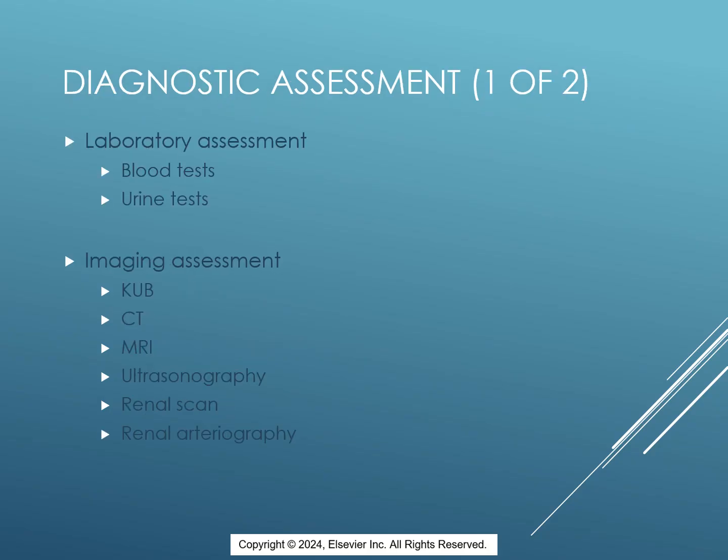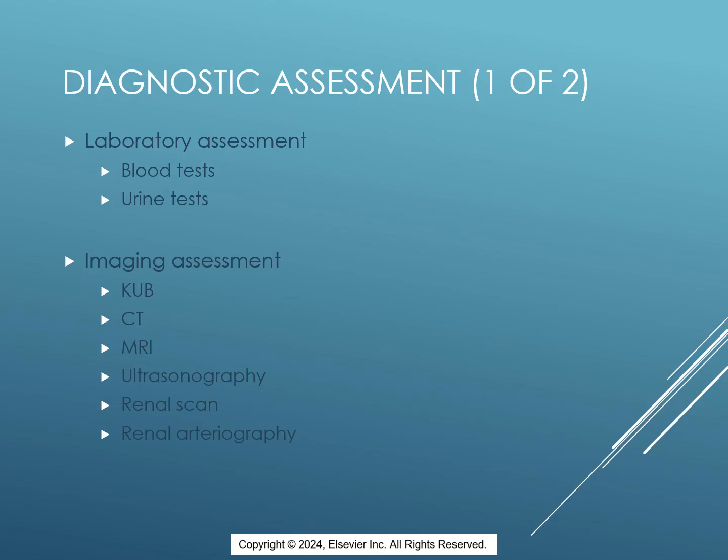Diagnostic assessment. You're going to look at the GFR. Race is no longer included in the eGFR equation. The new creatinine-based formula promotes health equity. Measure sodium and chloride in urine.